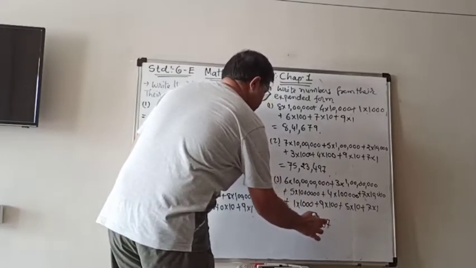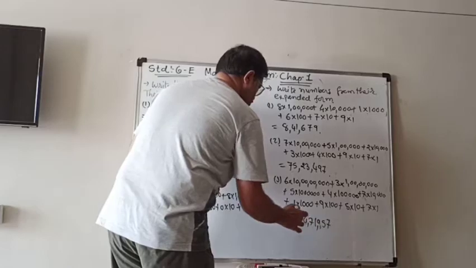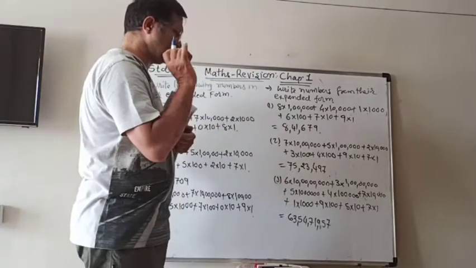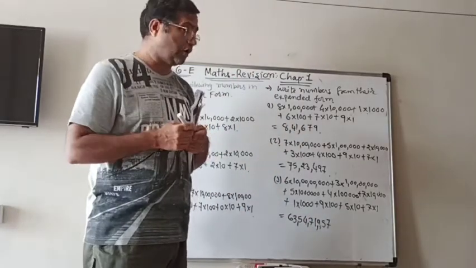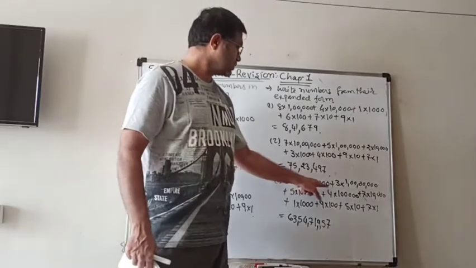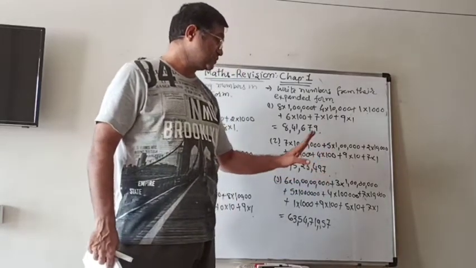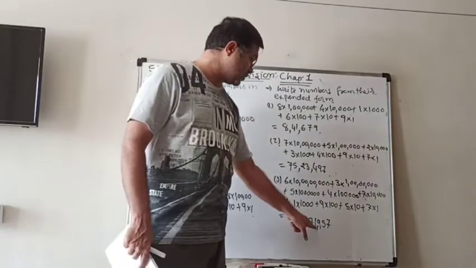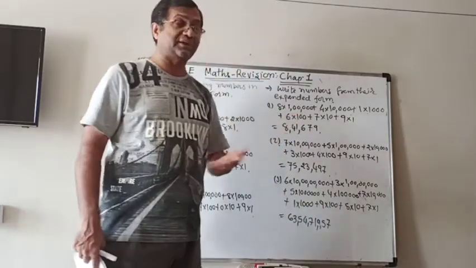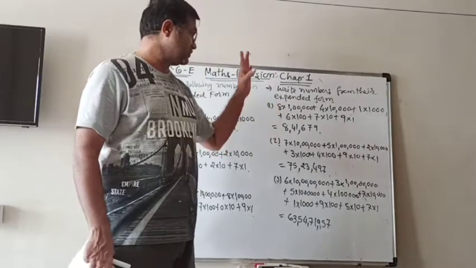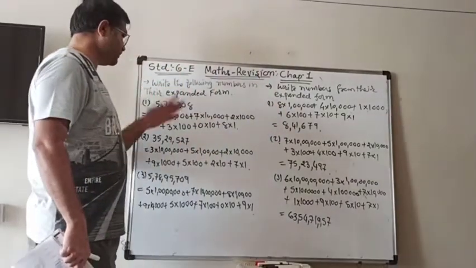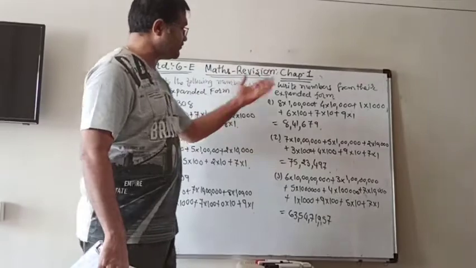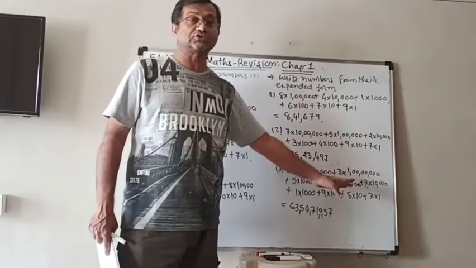That will be your number. So just first check that all the numbers are there. None of them is missing, because if there is something missing, then you have to put 0 in that place. So by this way, you can write down expanded form, and from expanded form to the numbers also.